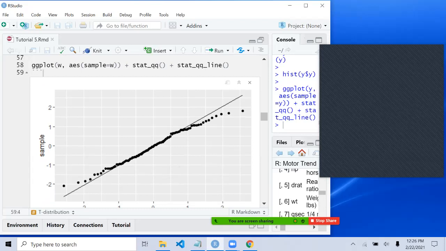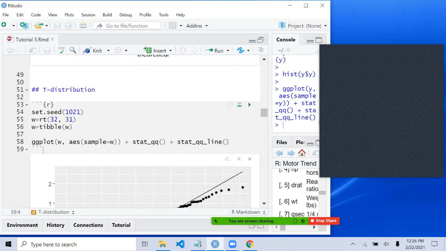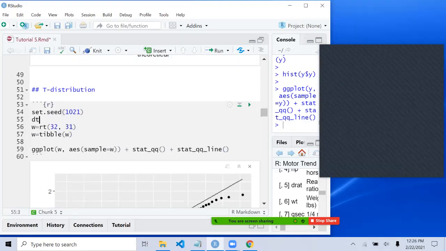Right, so let's see what happens if I take a random variable that is distributed T with 32 observations, and the degrees of freedom is n-1, so this is why it's 31. If I use rt, the random variable generator for something distributed T, you put in n and the degrees of freedom.